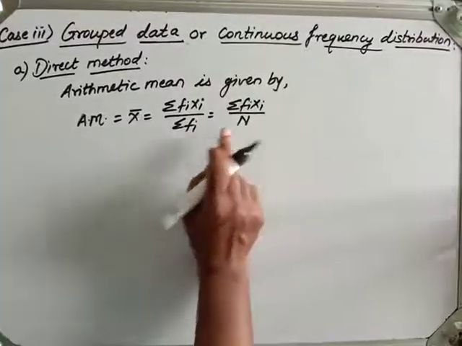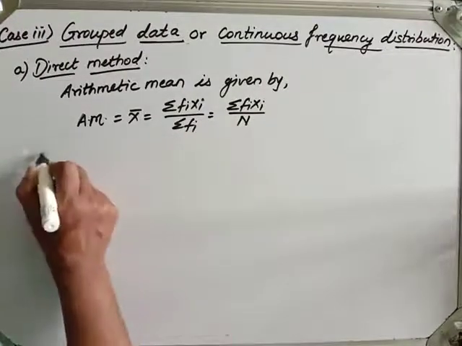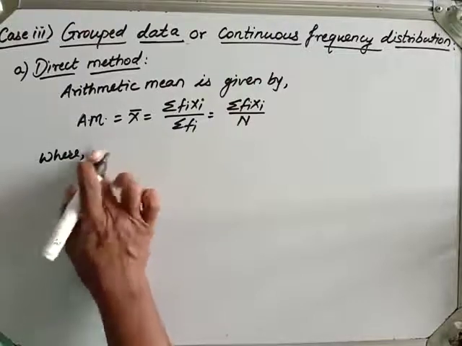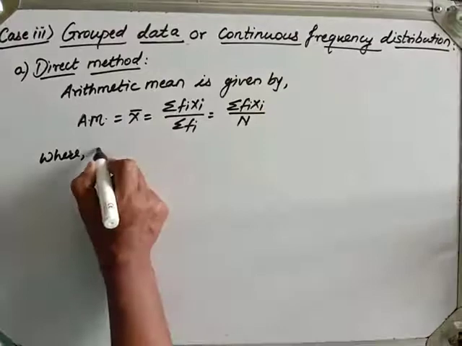You know this n is the sum of frequencies. Now these xi's, what are these xi's?